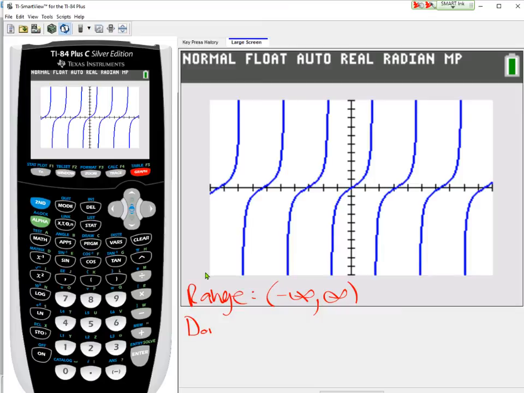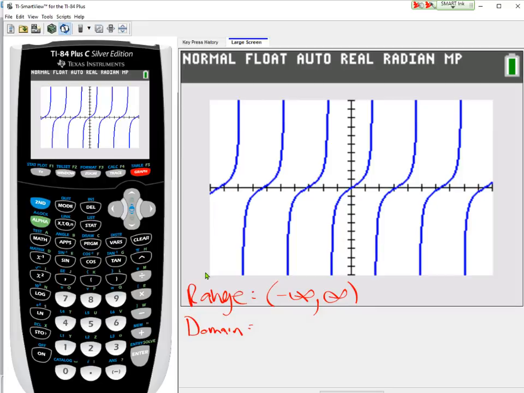Domain. That's hard. It's not intervals of 1.